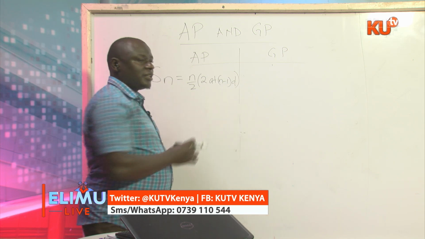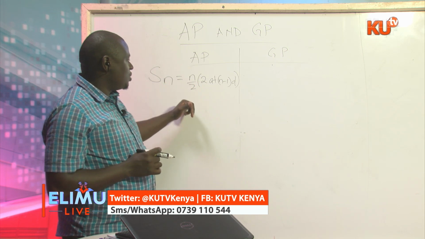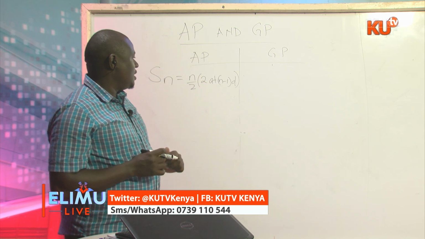Let me remove that bracket to remain focused on the sum. The sum is given by n over 2 into bracket 2a plus n minus 1 into bracket d.